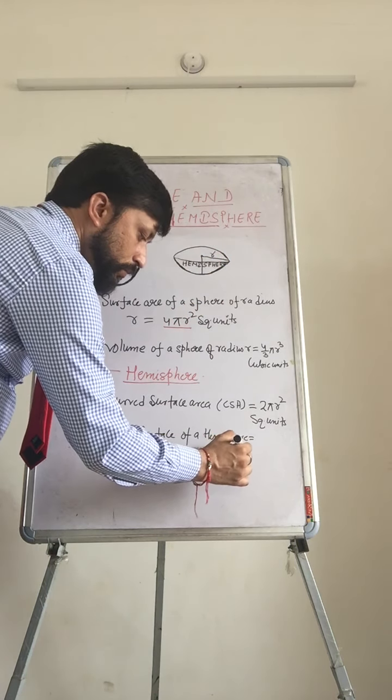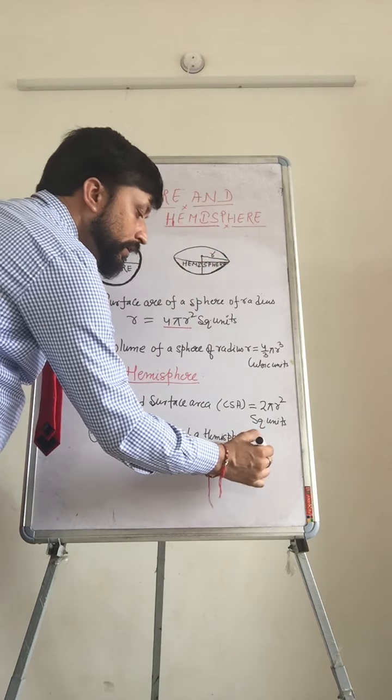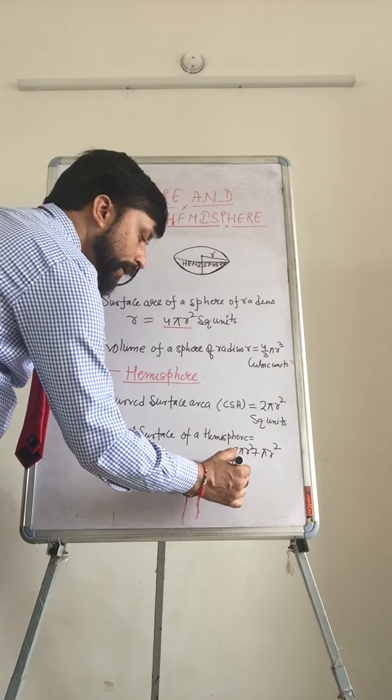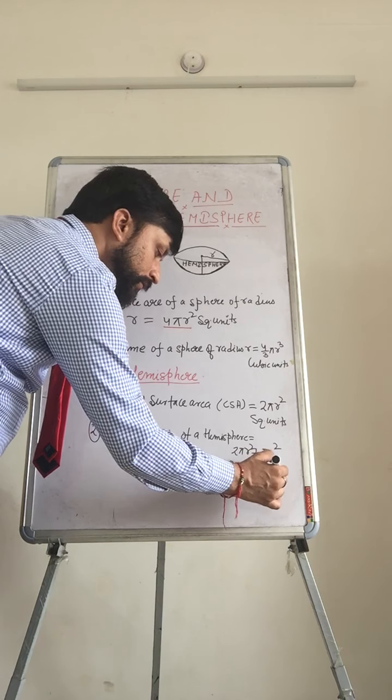So we can write here 2 pi r square plus area of circle, which we know is pi r square. So thus we are getting here 3 pi r square units.